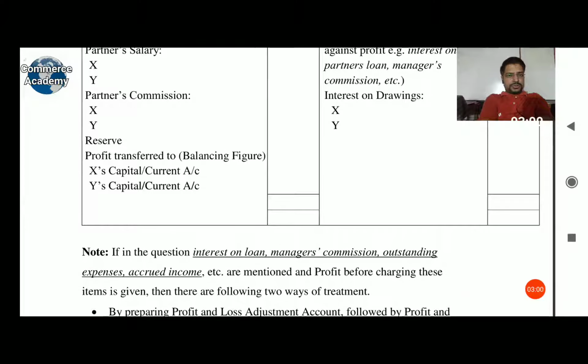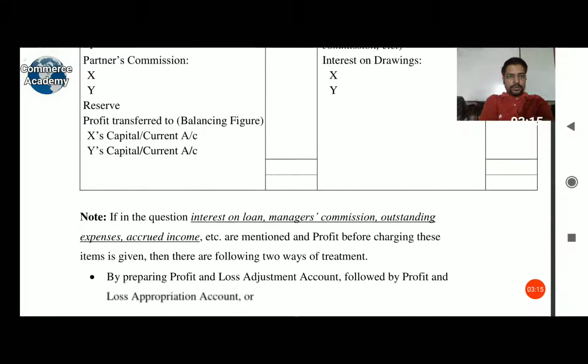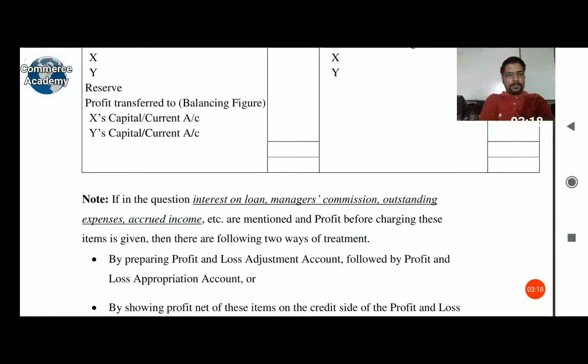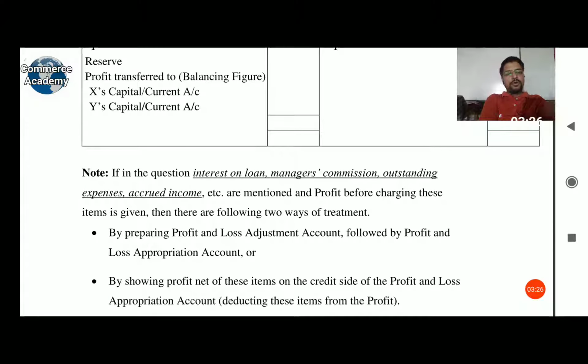If the questions mention interest on loan, manager's commission, outstanding expenses, accrued income etc., and the profit before charging these items is given, there are two ways to treat them: by preparing a profit and loss adjustment account, followed by the profit and loss appropriation account. इसको हम लोग प्रॉफिट एंड लॉस एप्रोप्रिएशन अकाउंट या प्रॉफिट एंड लॉस एडजस्टमेंट अकाउंट बनाकर उसमें शो करेंगे.